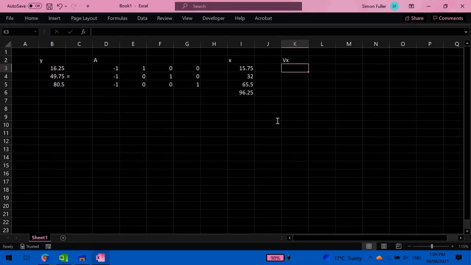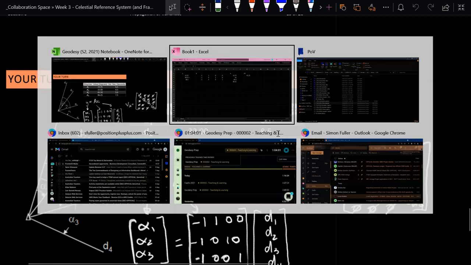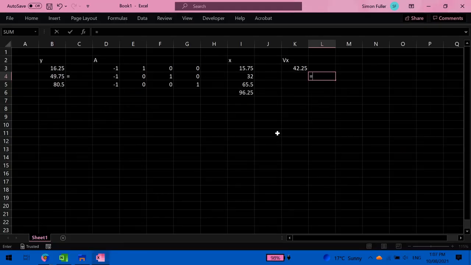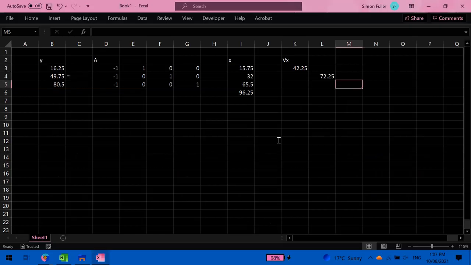So its variance will be 6.5 squared. The variance of D2 will be its standard deviation, 8.5 seconds squared. And so on for the last two, 5 and 7.5 respectively.